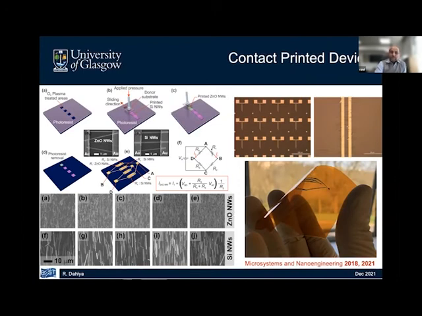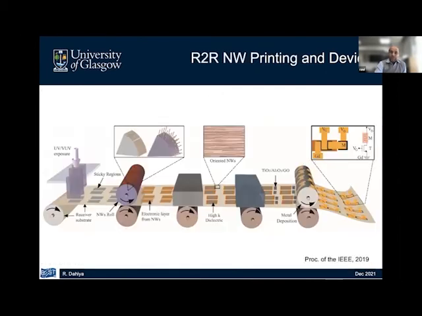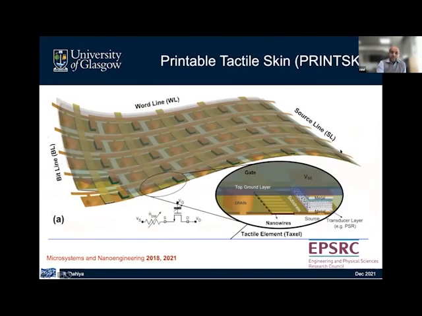This takes us a step closer to systems that we can develop using roll-to-roll nanowire printing, eventually leading to devices based on the circuit. One example of a transistor and a memristor is shown here, as well as the electronic skin, which will have the nanowire-based printed circuit at the back plane, covered with the transducer layer on top.